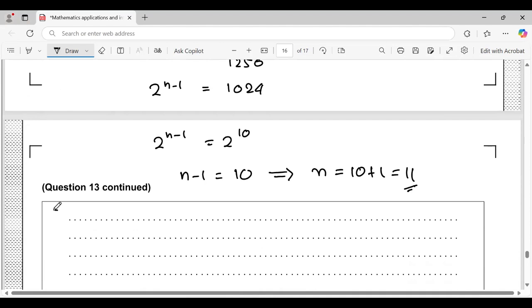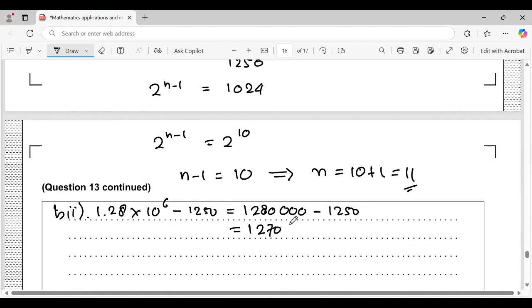Part B part 2. So from 1,250 to 1.28 times 10 to the power 6 comes 1,280,000 minus 1,250, which equals 1,278,750.